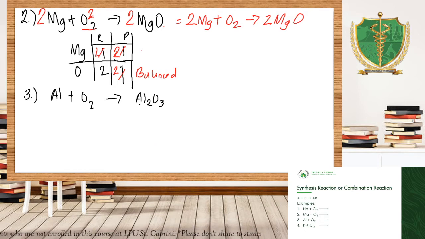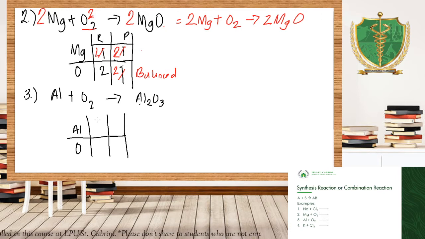Now, going back to our topic, going back to the balancing equation, so we have here aluminum and we have oxygen. Again, we're going to make a table to indicate the number of each element present in the reactant and in the product. Now, how many aluminum do we have in the reactant? 1.